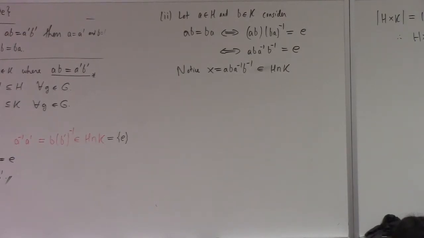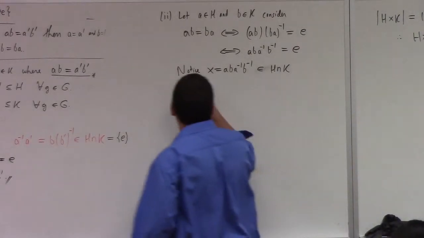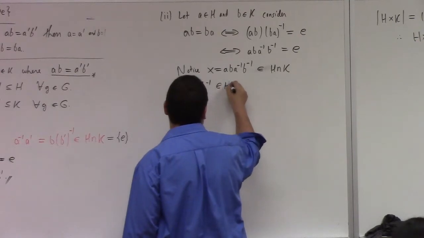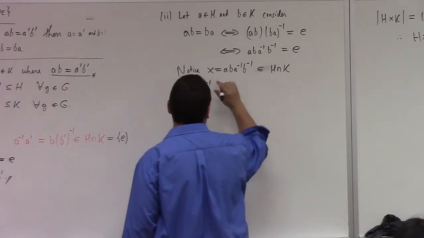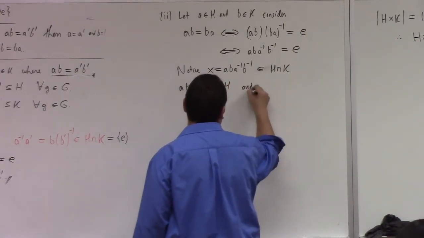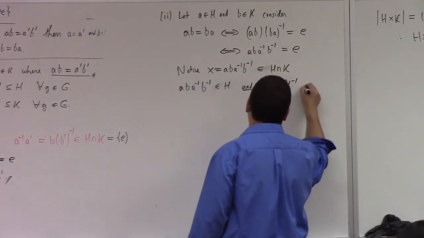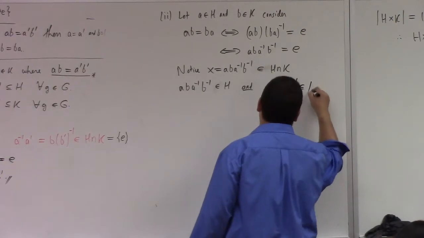Because it's the identity, which is H intersect K by assumption here, yeah? So then what can I do? I can use normality, right? That means that a b a inverse b inverse is an element of H, yeah? And a b a inverse b inverse is an element of K.